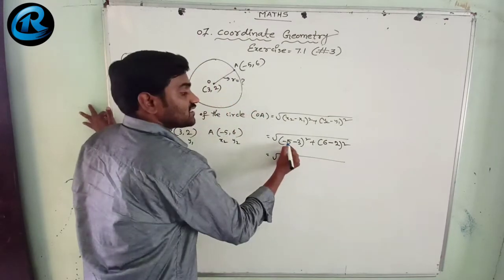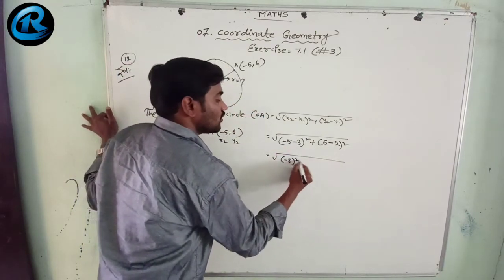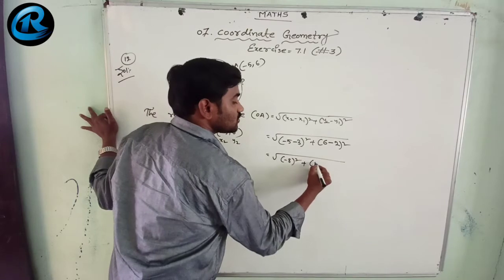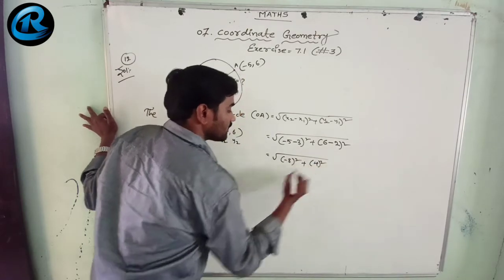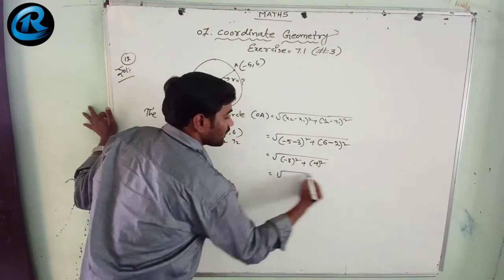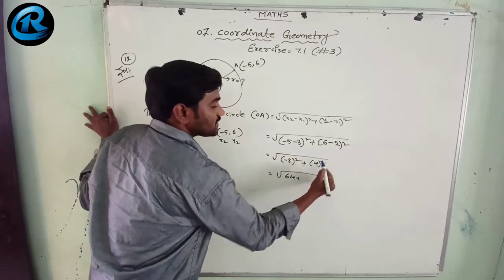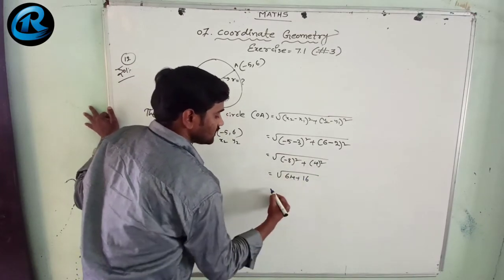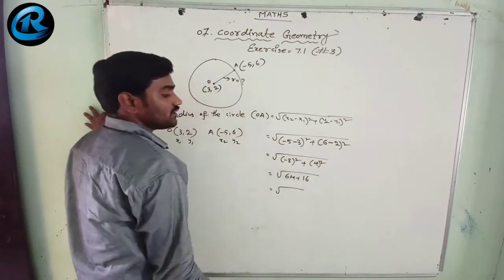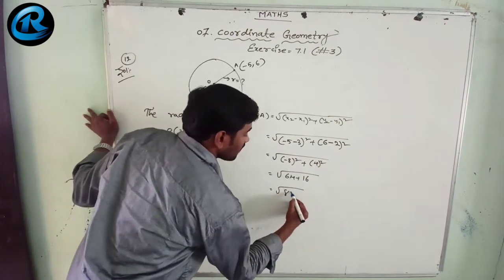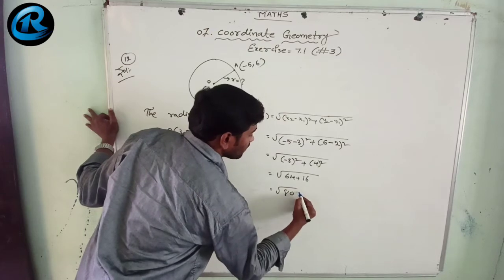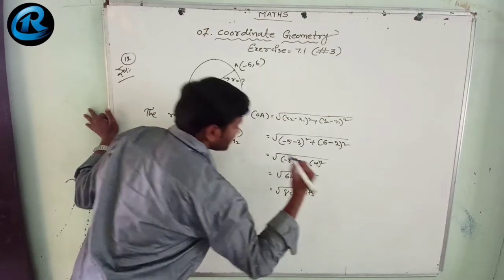Let us see, minus 5 minus 3, that is minus 8 whole square, plus 6 minus 2 is 4 whole square. So here under root of 8 square, it is 64, plus 4 square is 16. So here under root of 80 units.